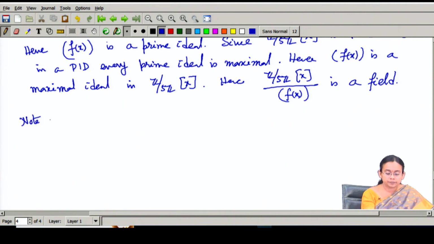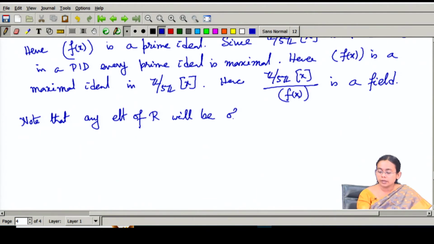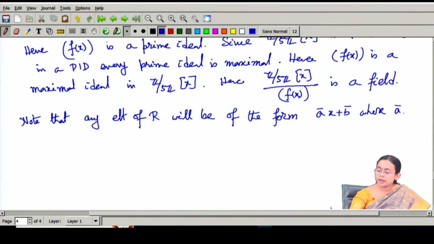Note that any element of R will be of the form a bar x plus b bar, where a bar, b bar are the image in R, where the bar denotes the image.